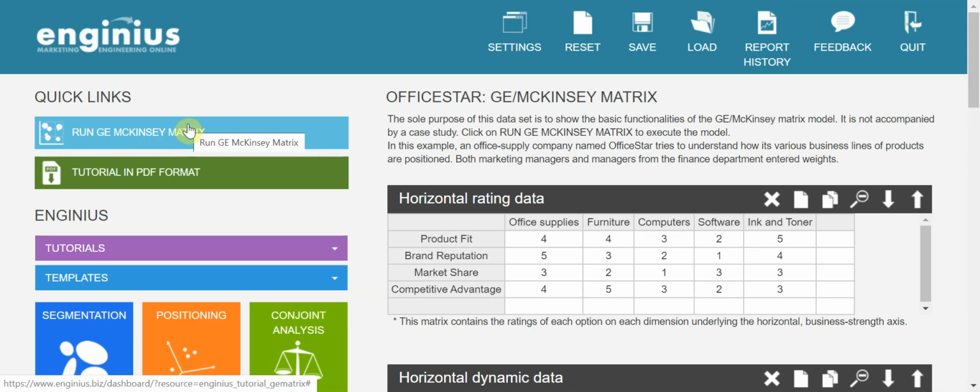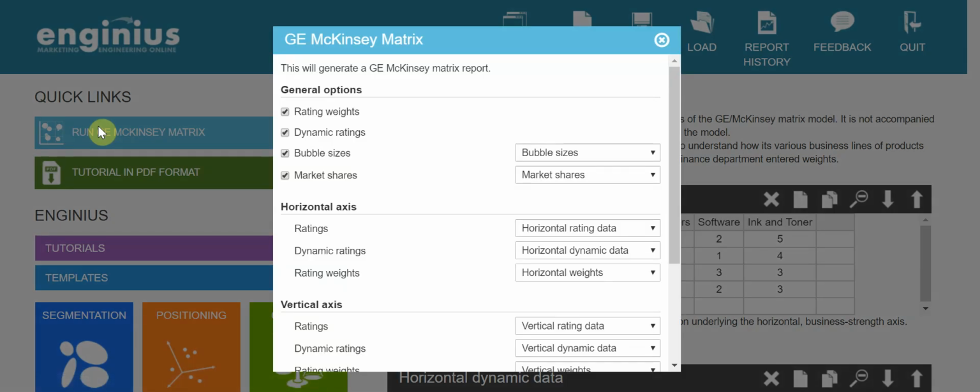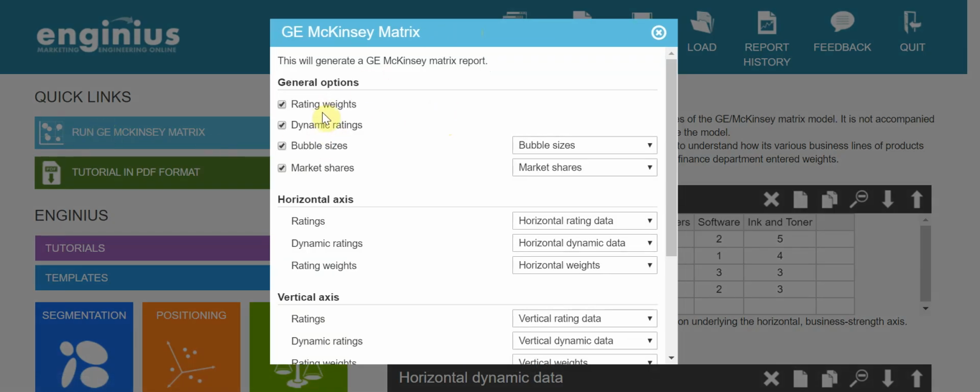What you need to do is just click on the button. There you go. Okay, a pop-up screen. We have rating weights, dynamic rating, bubble size, horizontal axis, and all of this.